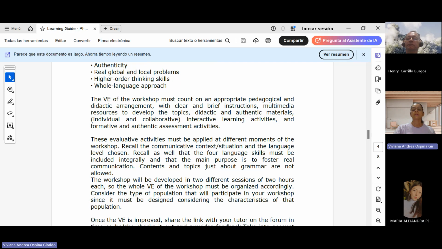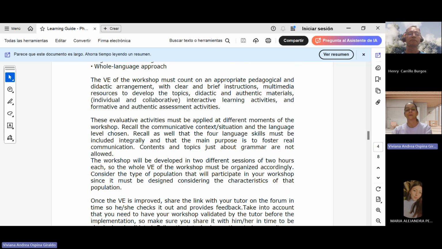And these evaluative activities must be applied at different moments of the workshop. So it is pretty much following along the same line as the biopedagogical workshop, but now we are going to transform it using the principles we are learning here of authenticity when it comes to assessment.